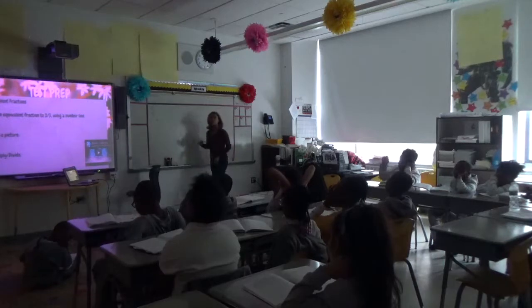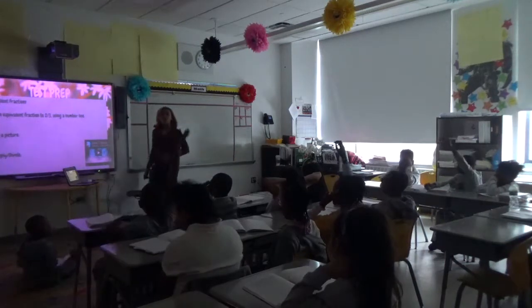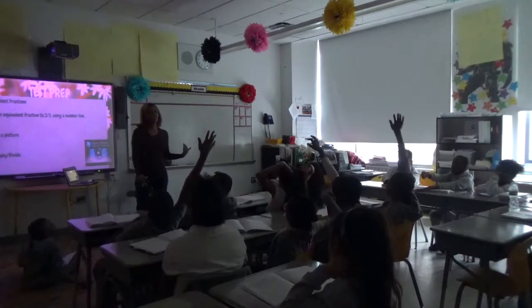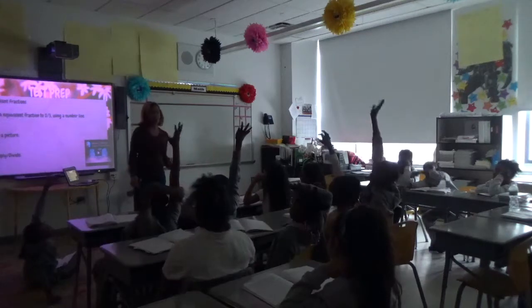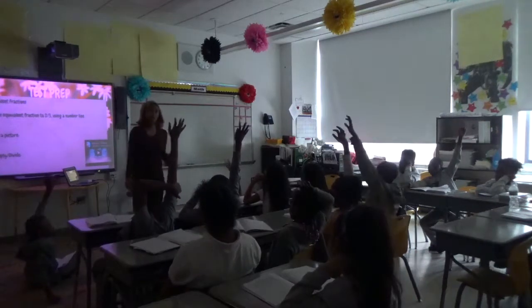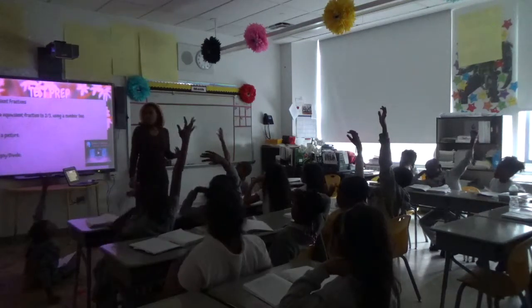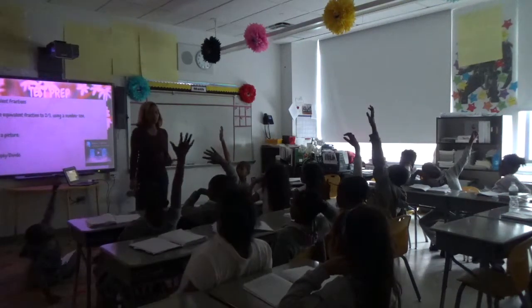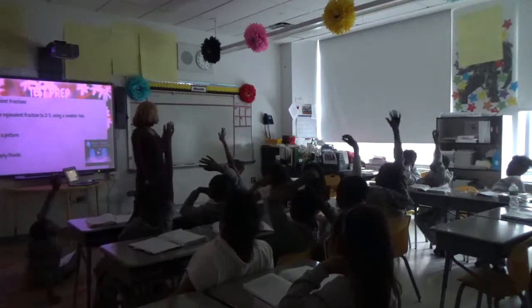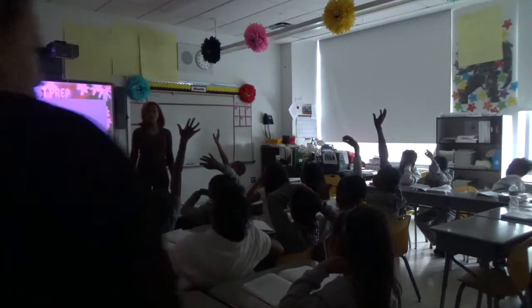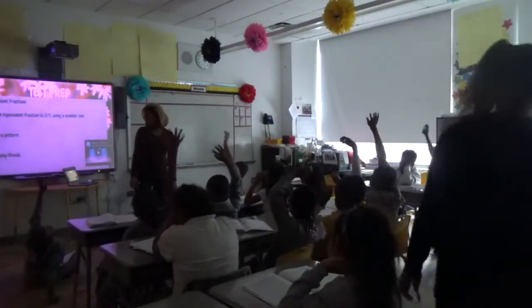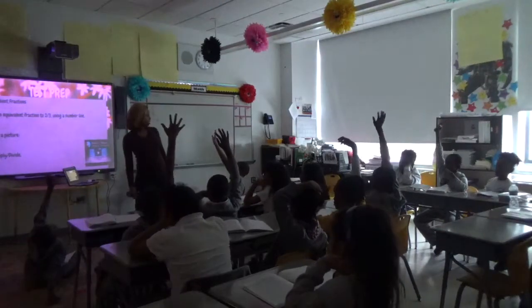So what can I do? What am I supposed to do to my number line in order for me to show an equivalent fraction? Why am I not going to draw another number line, and why am I going to use the same one? Landon?